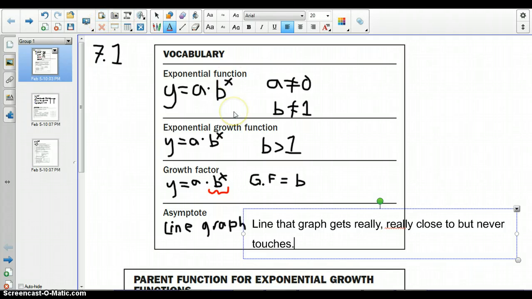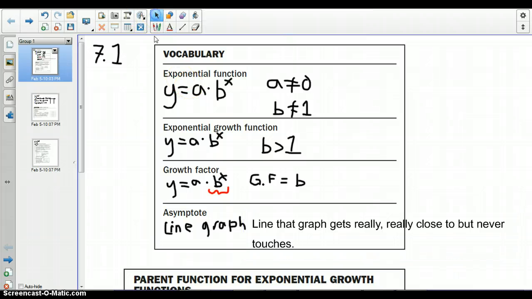An asymptote is a line that the graph gets really, really close to. The graph always approaches, but it never touches.